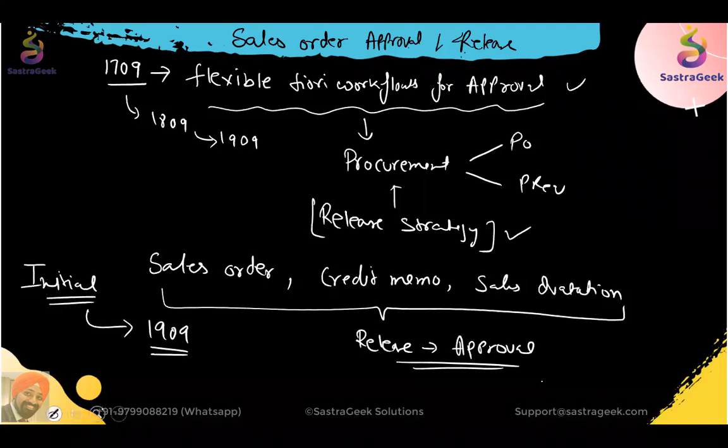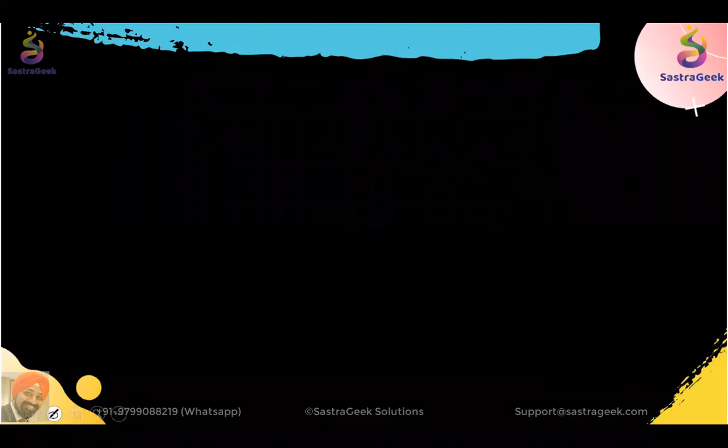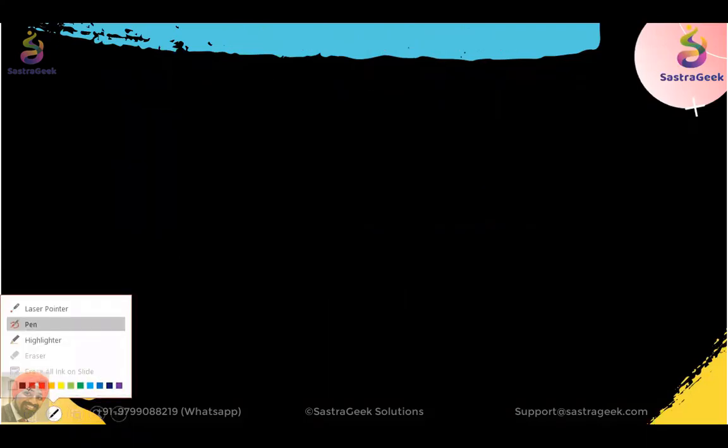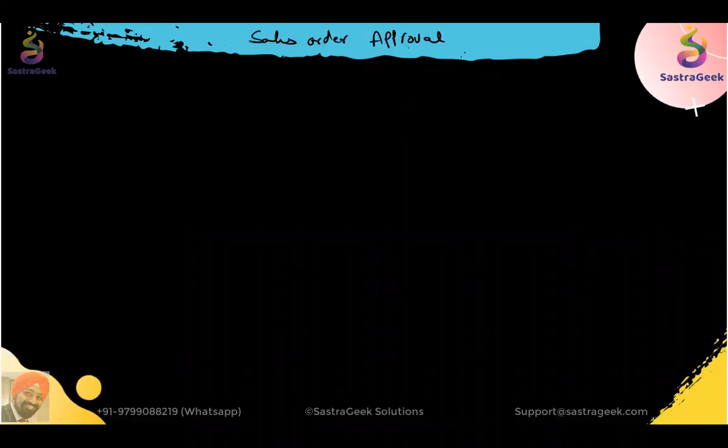Now we'll go ahead and see what the sales order approval is, or what kind of cycle there would be. So first thing we'll have is a sales order creation.